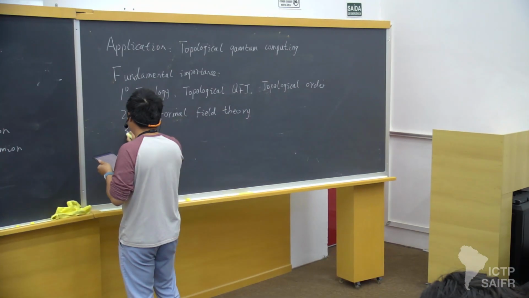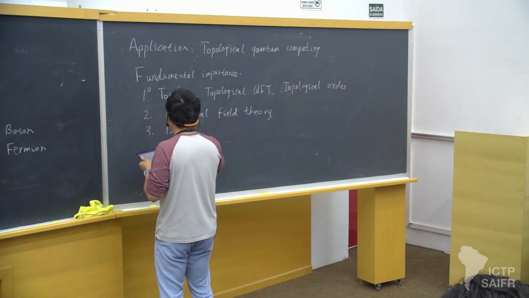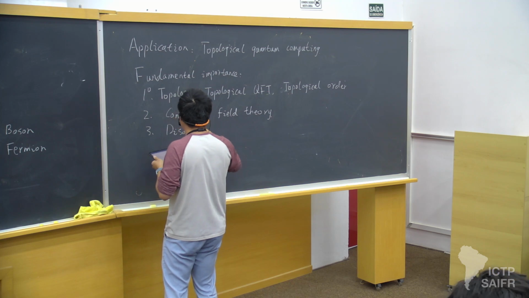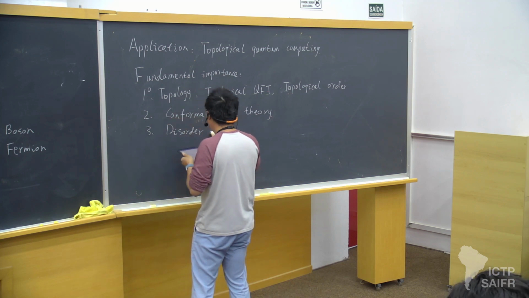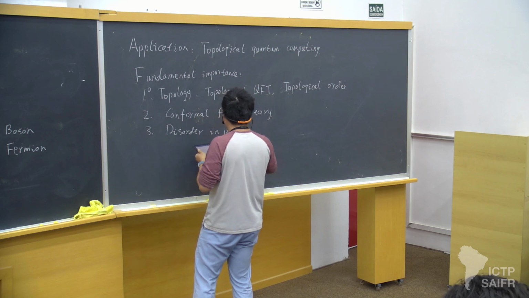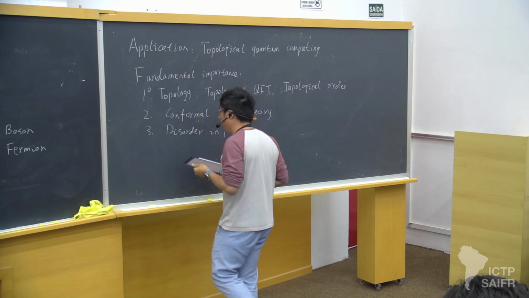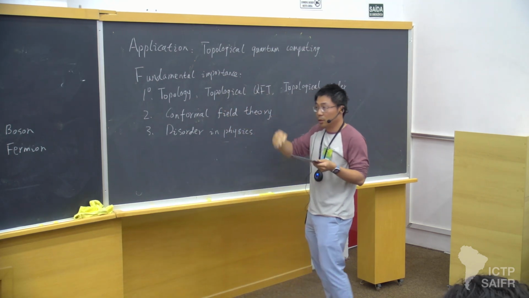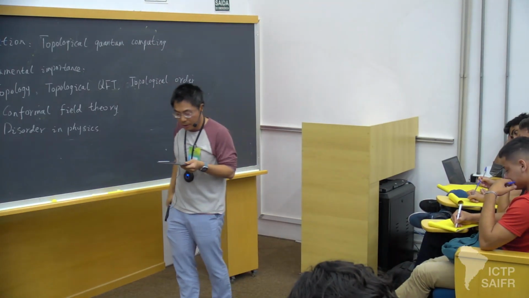And the other thing is disorder. As I explained, disorder is really the key reason you get those plateaus in your Hall resistance.